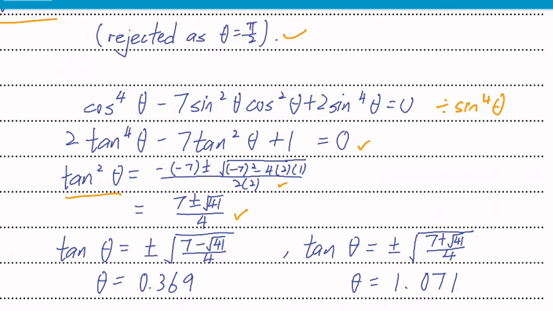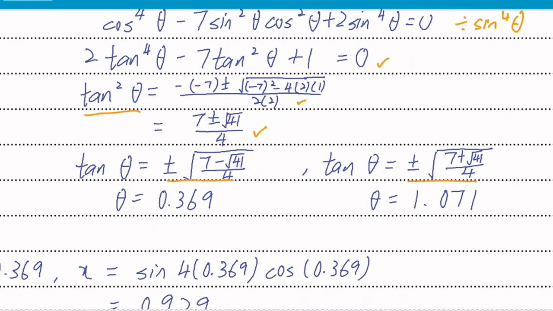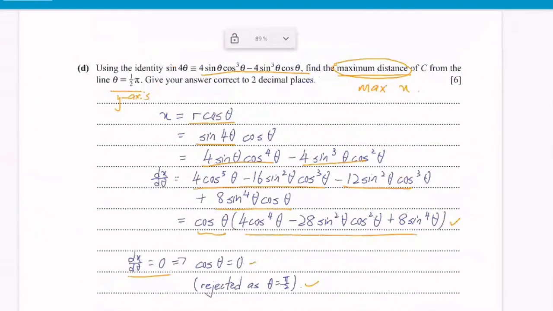But we are supposed to solve for the tangent theta here, so we need to bring in the plus and minus. Then from there we will have different values of the theta. Remember, the theta here is only from 0 to 1/4 pi.